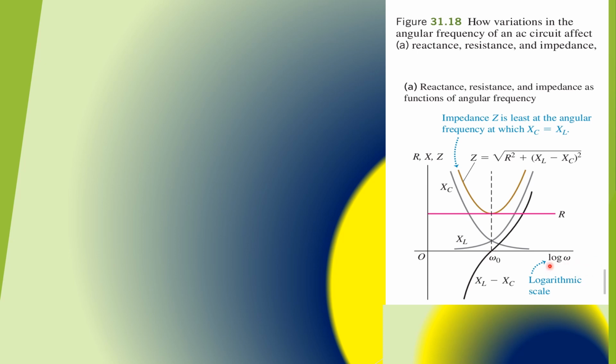This is to enable us to have a bigger range for the omega. And as you can see, the resistance capital R as a function of omega is constant. This is the straight horizontal graph line for the resistance.